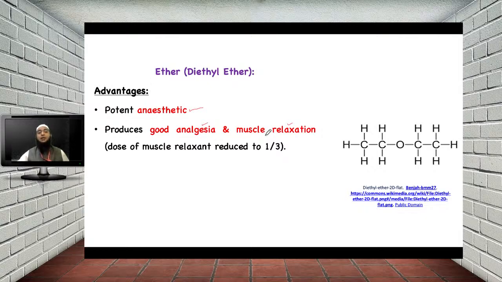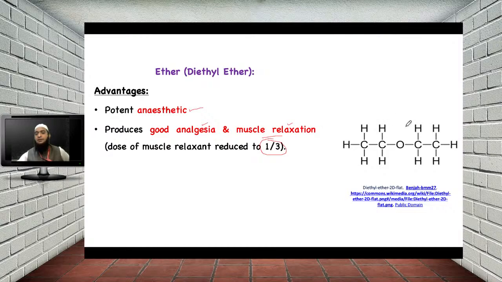In addition, since it has muscle relaxation activity, whereas most of the time during anesthesia you are adding a muscle relaxant drug, when you are using ether, the dose of the neuromuscular blocking agent can be reduced to 1/3. So there will be less risk to the patient, and less toxicity will be produced. So these are the advantages.